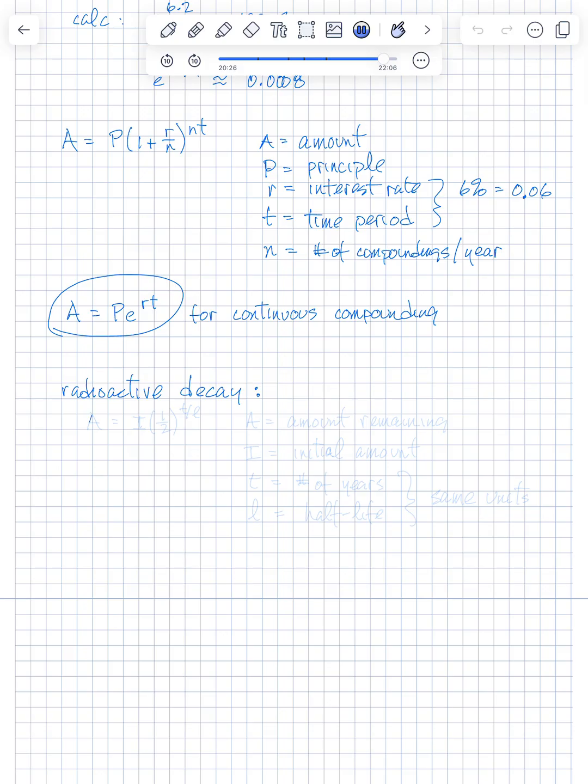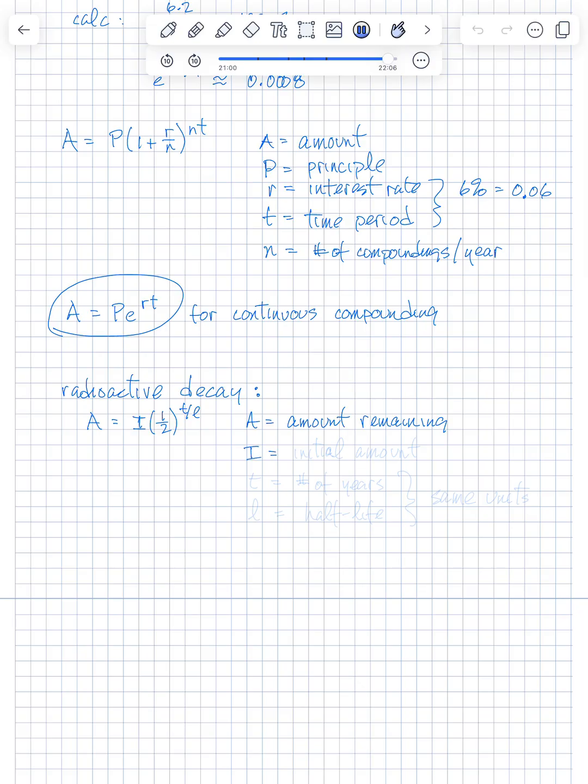The formula for that, A, which is the amount you're going to have left over after a certain time period, is equal to I times (1/2), that's your half-life, to the t/L power. So A is equal to the amount remaining after a certain time period.